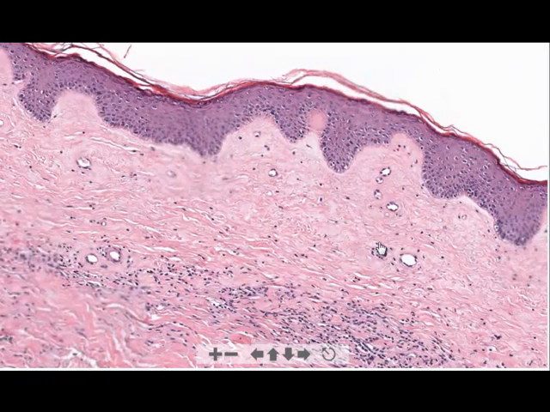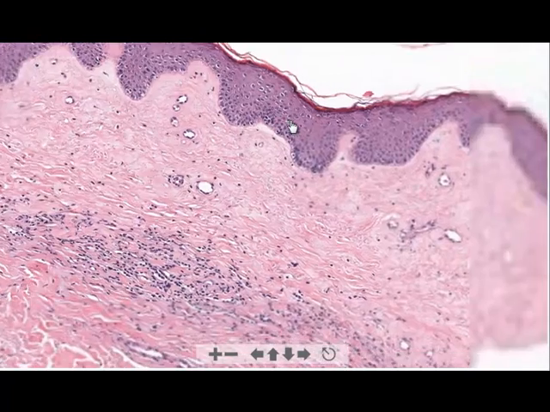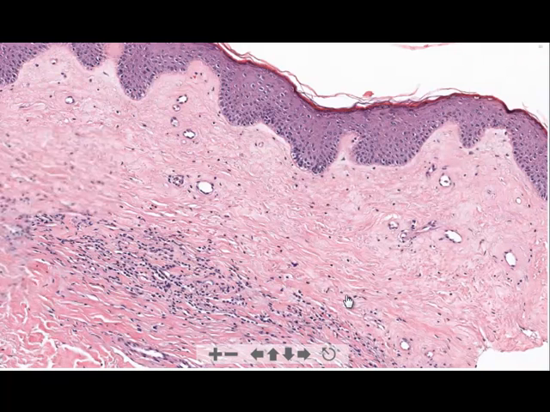Again, one of the most characteristic features is this lightening of the normal pink collagen color present within the papillary dermis, with lymphocytic inflammation lining up along these areas of altered collagen, a finding that is virtually diagnostic of lichen sclerosus.